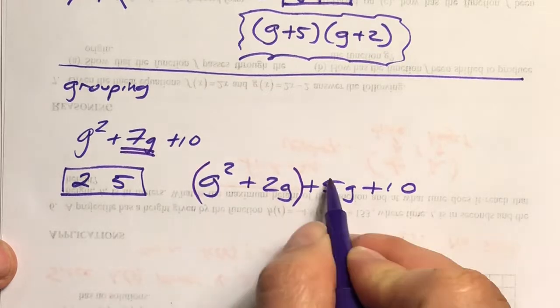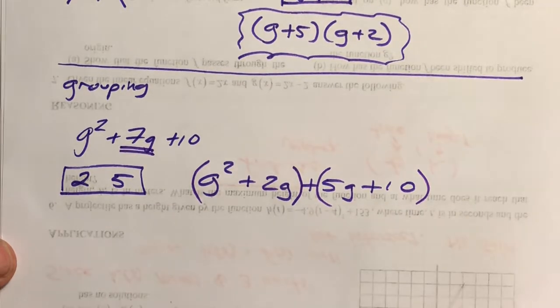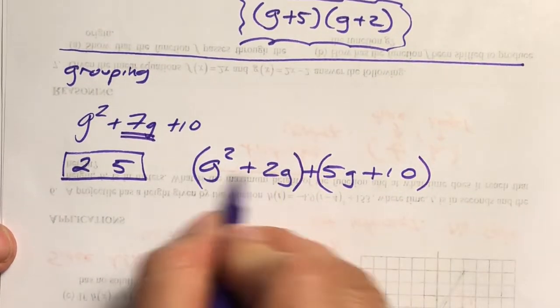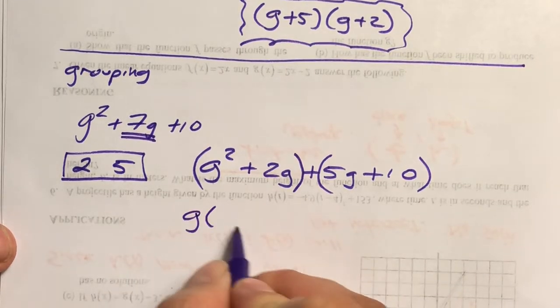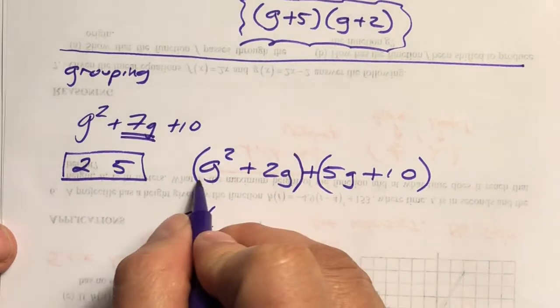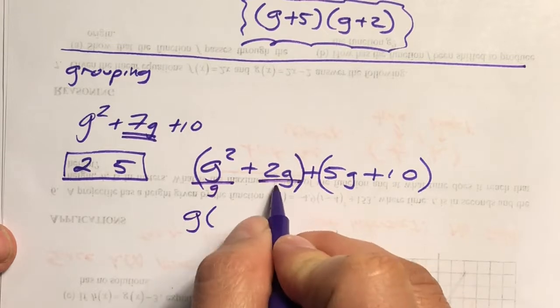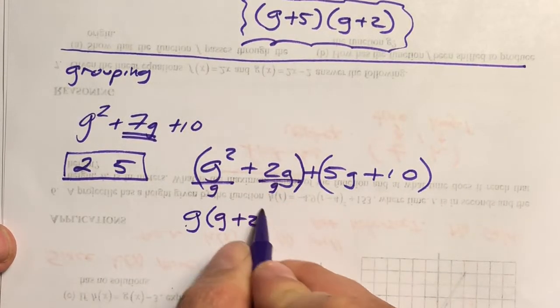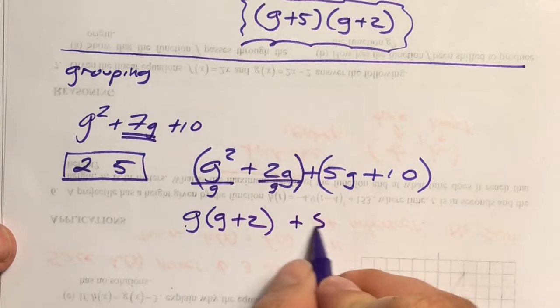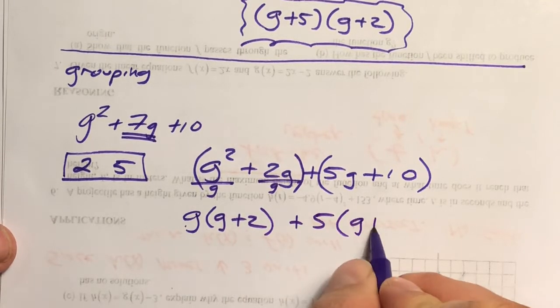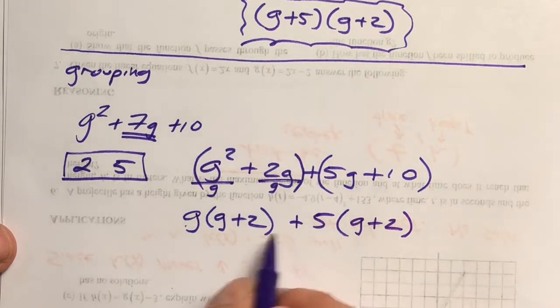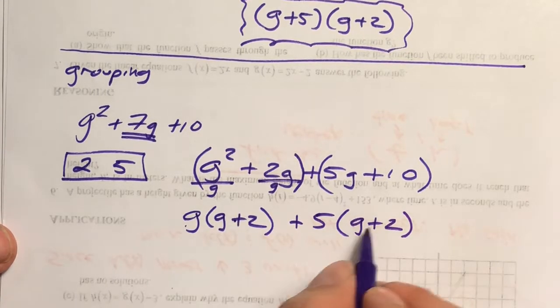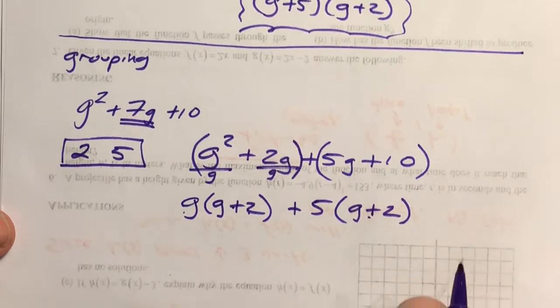Then we group those two together and pull out a GCF. When I say take out, what that means is you're dividing that GCF out of each of those. So G plus 2, and then this is 5, G plus 2. Remember, if you do this right, these two parentheses will be the same.